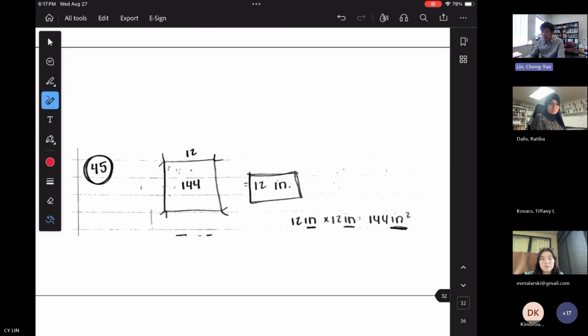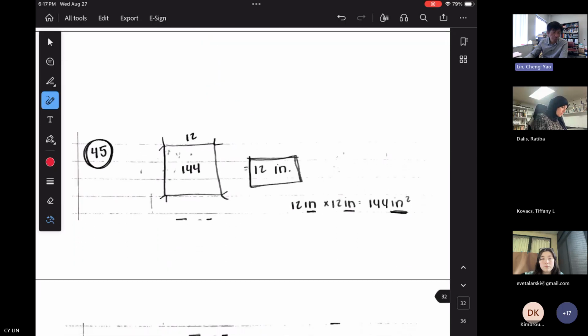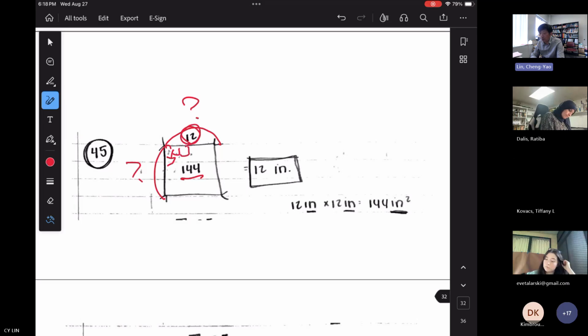Next problem, 45. The area of a square is 144 square inches. So what is the length of one side? We're looking for the length of this, and the little squares along it.